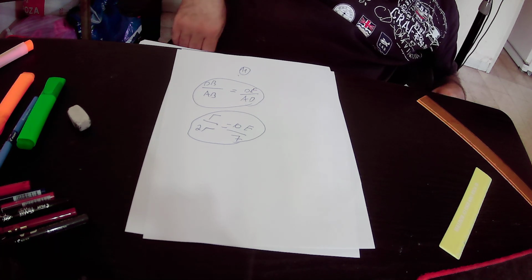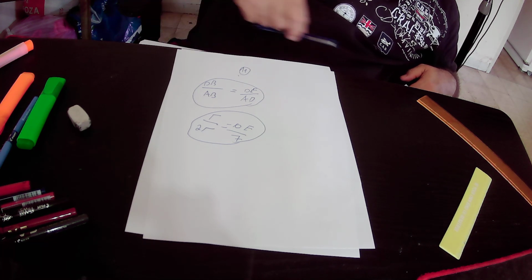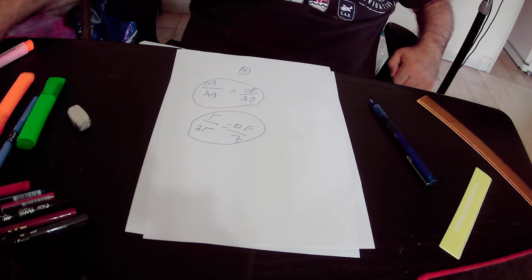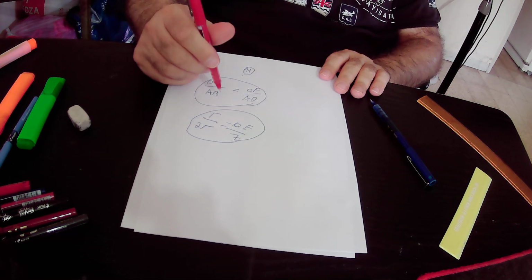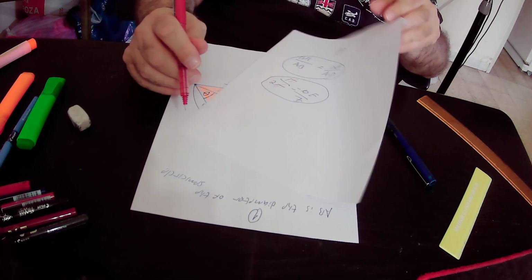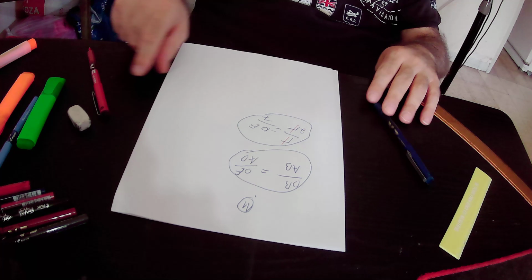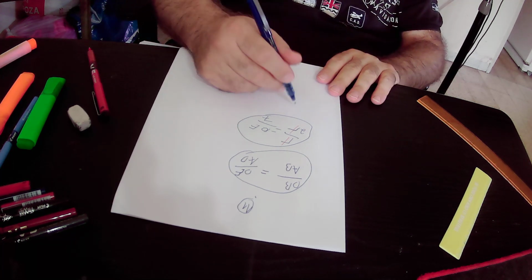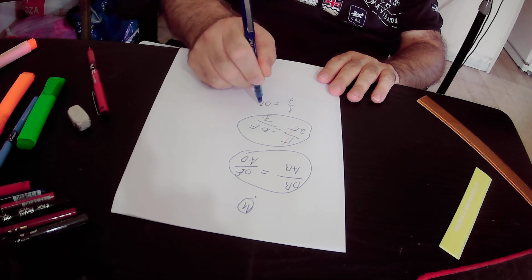So here R over R is 1. So we got that 1 over 2 equals OE over 7.